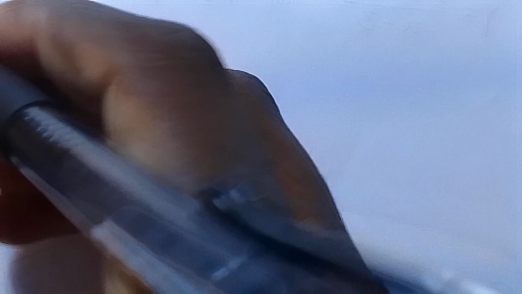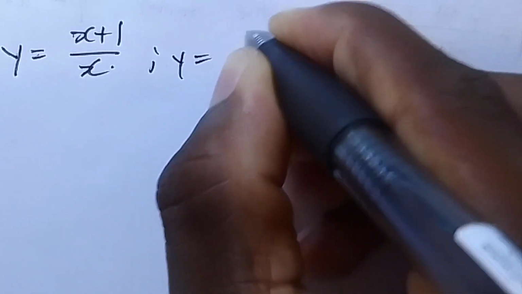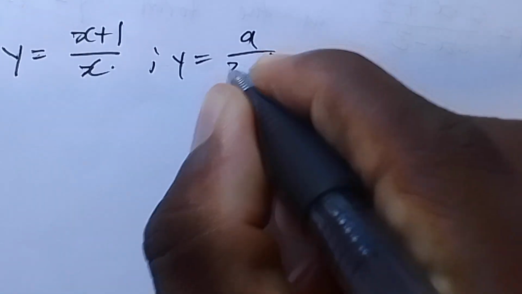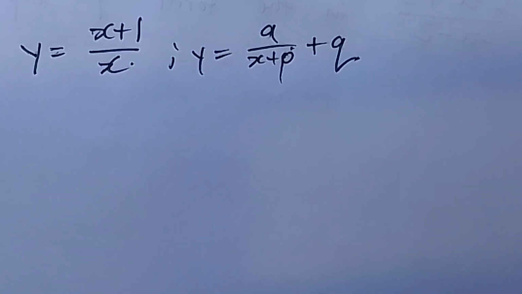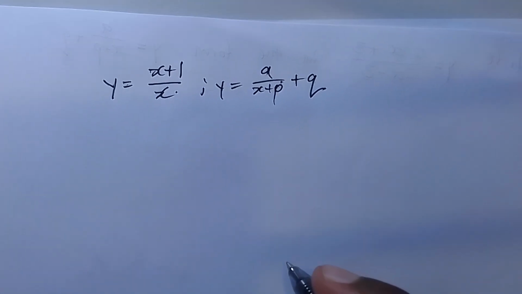The first question will be, let's rewrite y is equal to x plus 1 over x in the form y is equal to a over x plus p plus q, right? So we are rewriting it in that form.